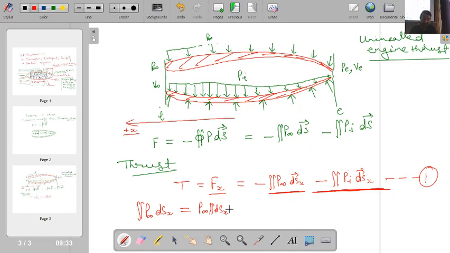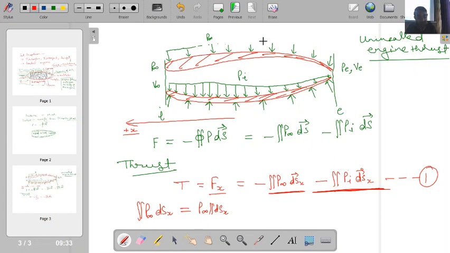Now as I told you, when I am considering this ds x, I have to consider the x component of the area. Okay, so over here if you see on this external surface, because I am now talking about P infinity, I am talking about this external surface.